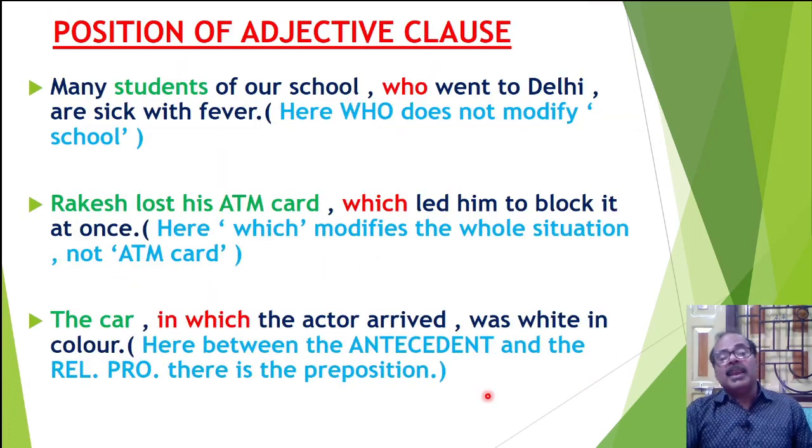Now, in some cases, the relative clauses can be used elsewhere. For example, many students of our school who went to Delhi are sick with fever. Many students of our school, দেখো এখানে কিন্তু who does not qualify school, though who has been placed just after school.